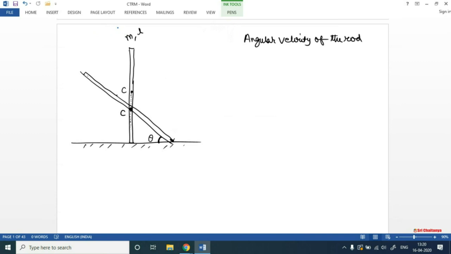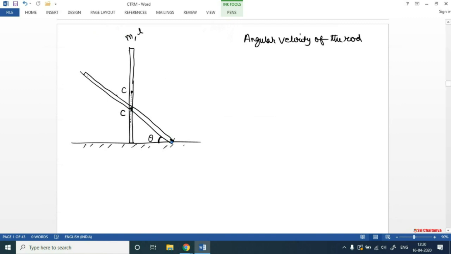If we treat the motion as combined translational and rotational motion, it will have two parts, rotational as well as translational. But if we consider the concept of instantaneous center of rotation, and write the kinetic energy of this rod about an axis passing through the instantaneous center of rotation, I will use only the formula half I omega square. So before that, we need to find the instantaneous center of rotation.